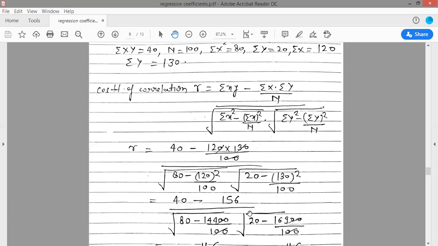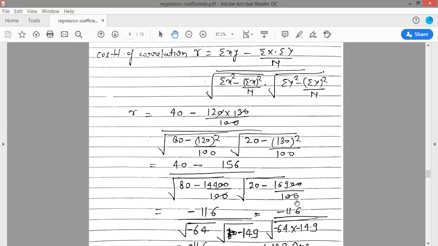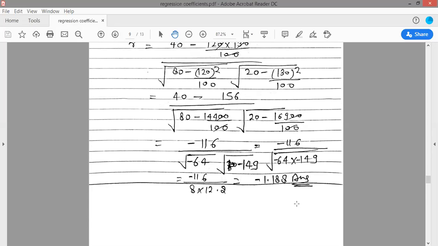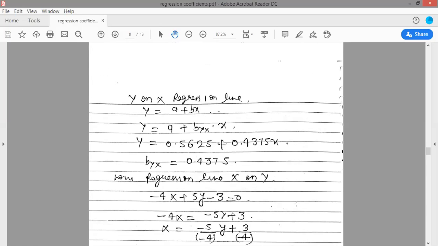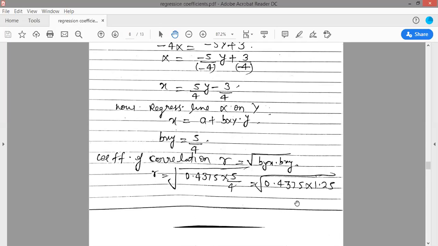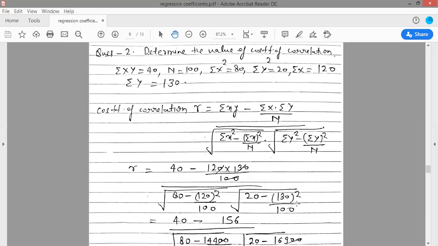So just put all these values here and calculate, then you will get your answer, minus 1.888, right? If your data is given directly, then it will be easy to calculate all these things. But if data is not given, then you need to find summation xy, summation x square, summation y square, etc.